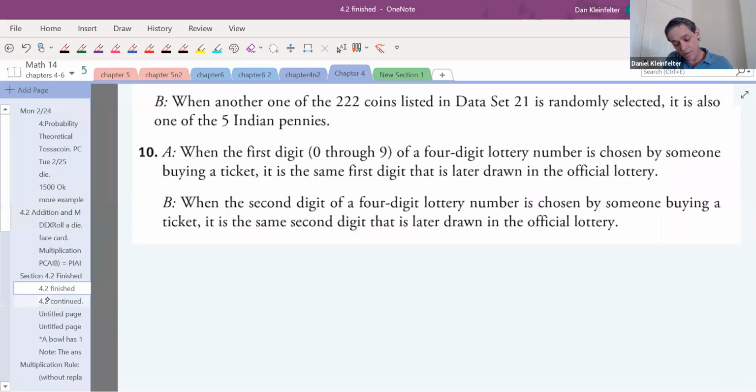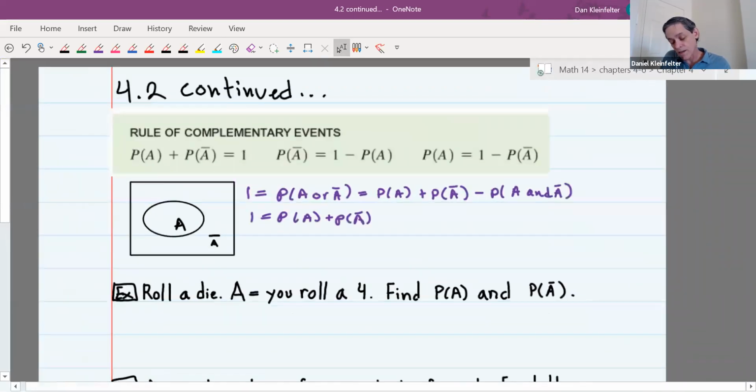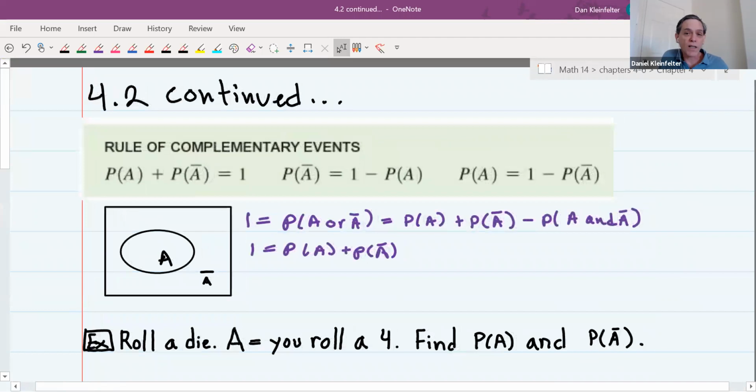So then moving along, we had talked about the addition rule. I wanted to go on to the rule for complementary events. We talked about an event and how the complement is related. The complement of an event is basically not having the event occur.